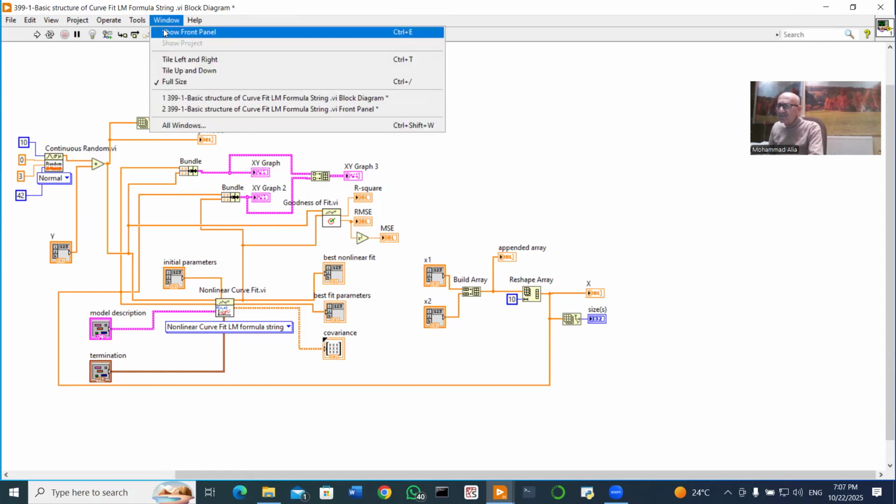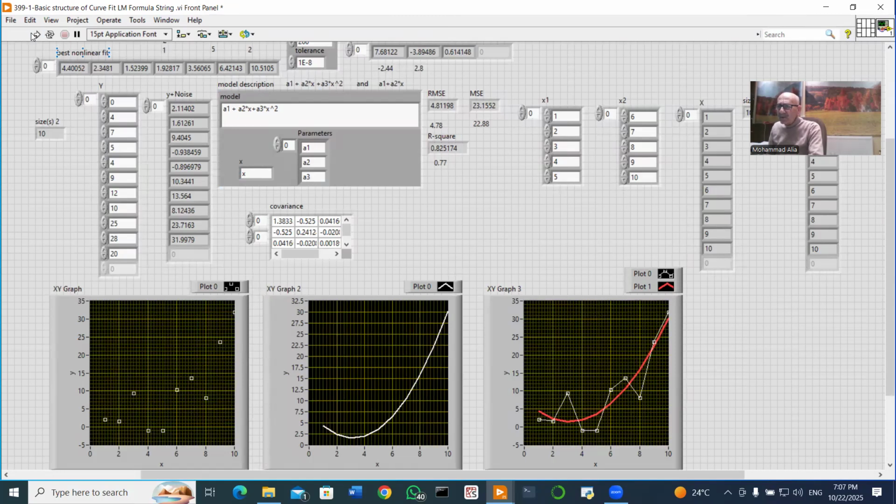If I go to the front panel and I run the program, as you see, nothing has changed. What I have got is that the mean squared error is 23. R squared is given, as you see here, 0.825. According to this value, it is good, not bad.